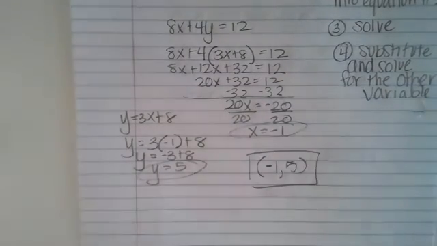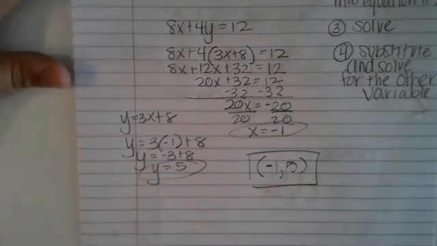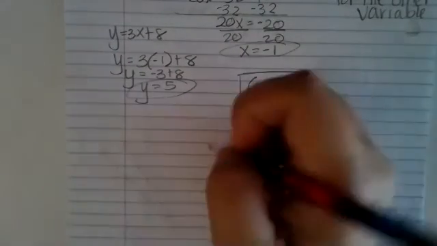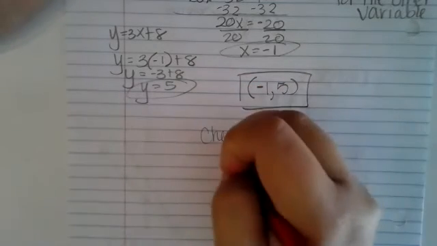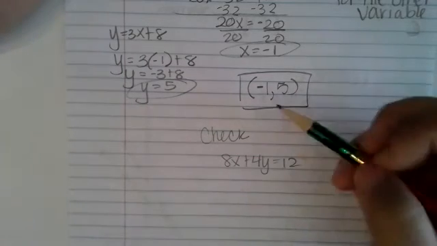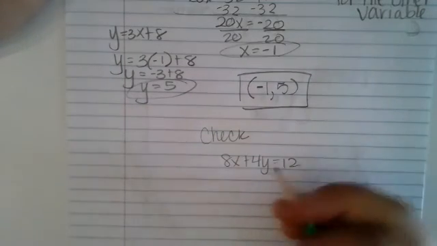Here is my solution. And then like anything, when we solve equations, I'm going to now do a check to ensure that this solution holds true. So I'm going to take the second equation here, which was 8x plus 4y equals 12, and substitute this back in to see if it holds true.